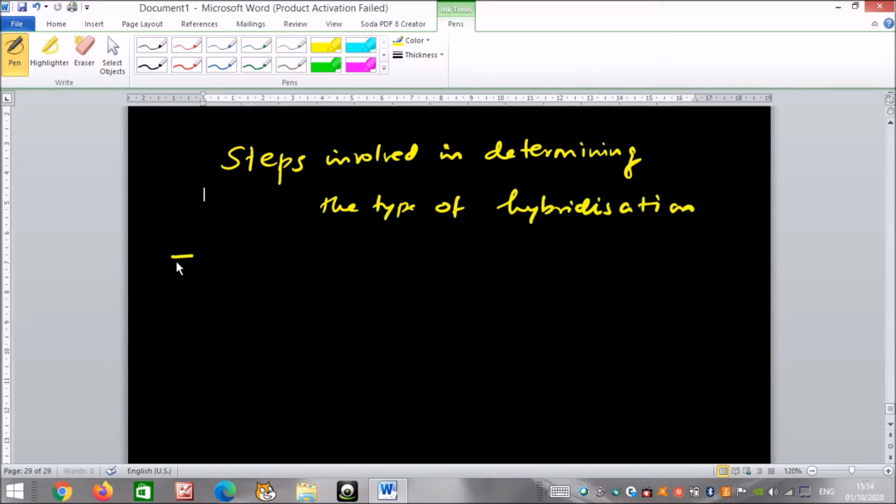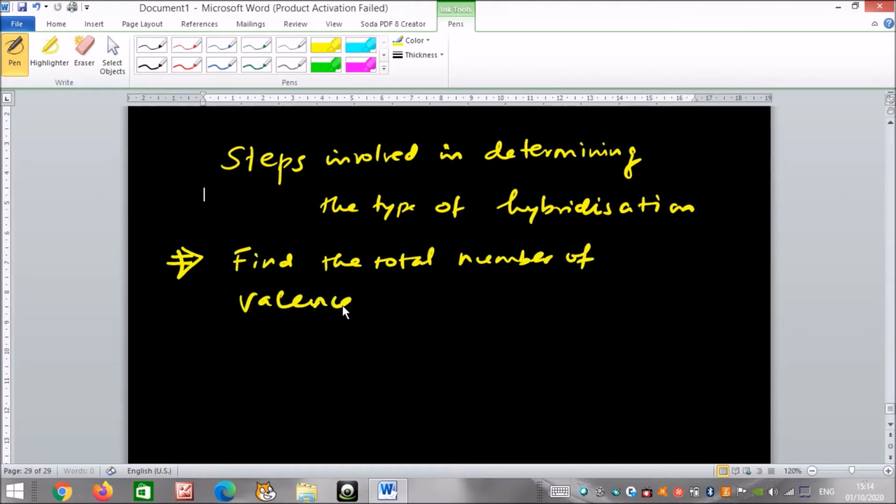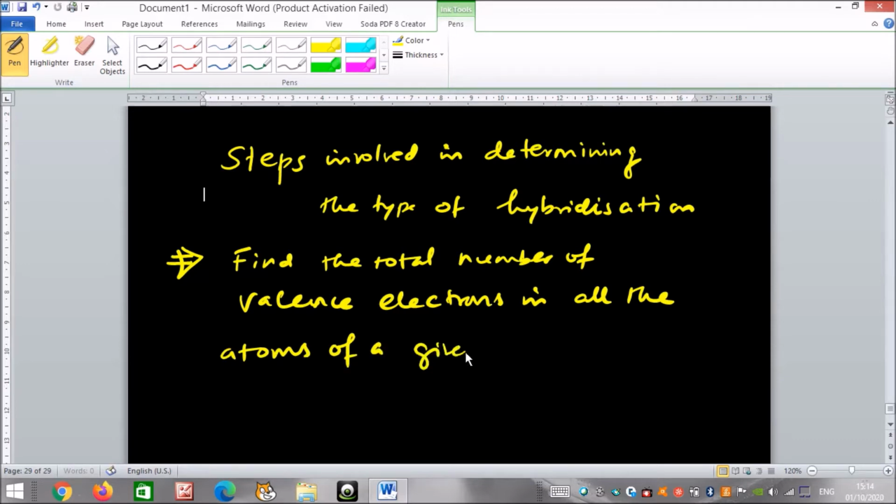And this is the first step: find the total number of valence electrons in all the atoms of a given molecule.